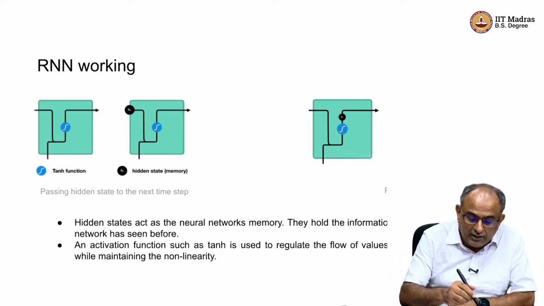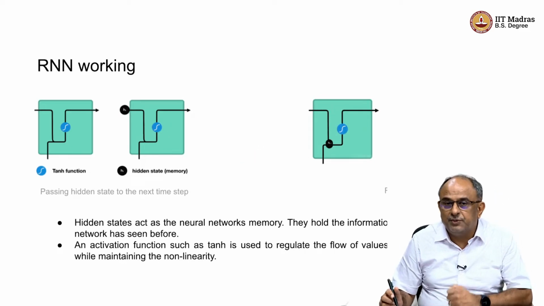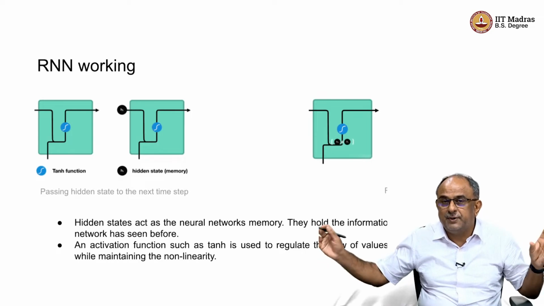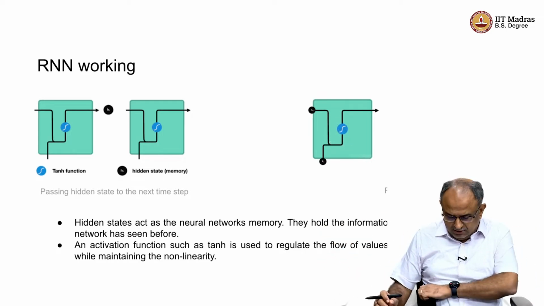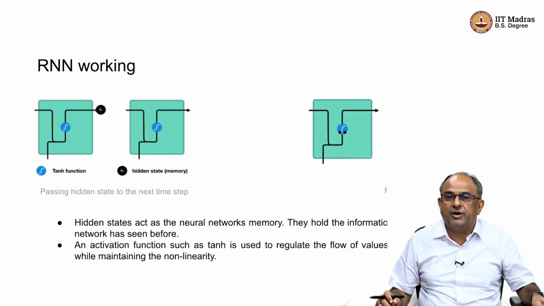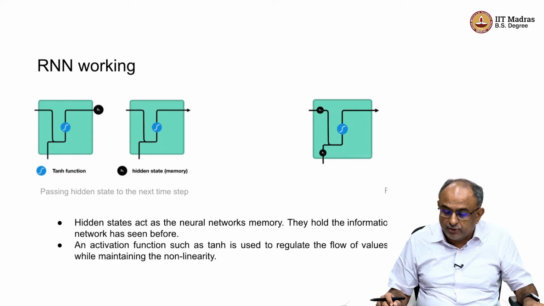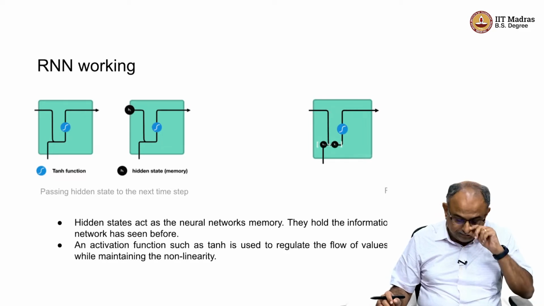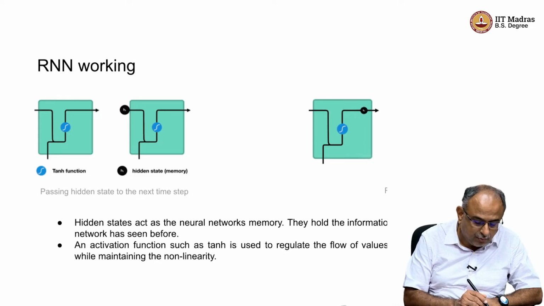When we go through the sequential nature, we have the problem that if words are very far apart, the influence is going to reduce. One of the reasons for that is also why the vanishing gradient and exploding gradient problem comes. The LSTM avoids that problem, but we will see what is happening.